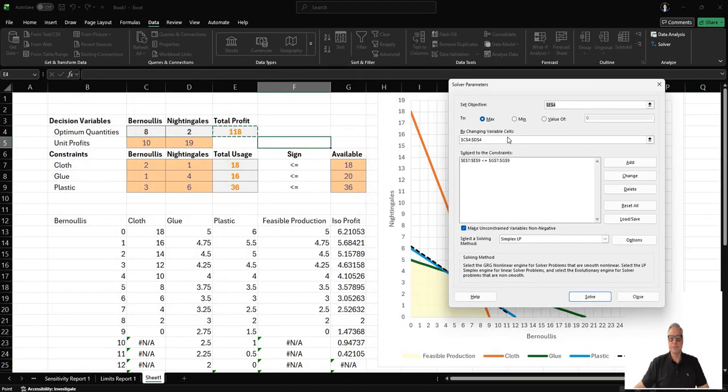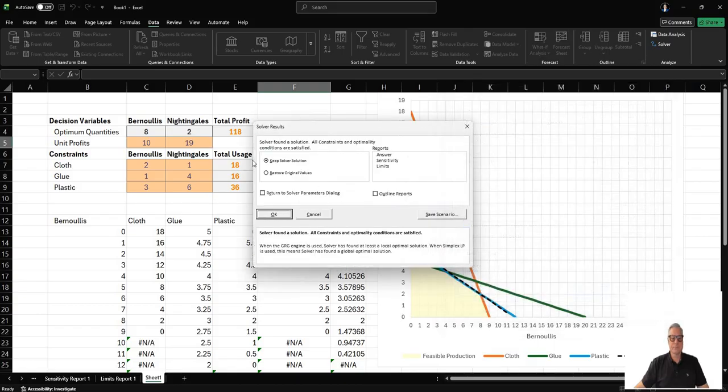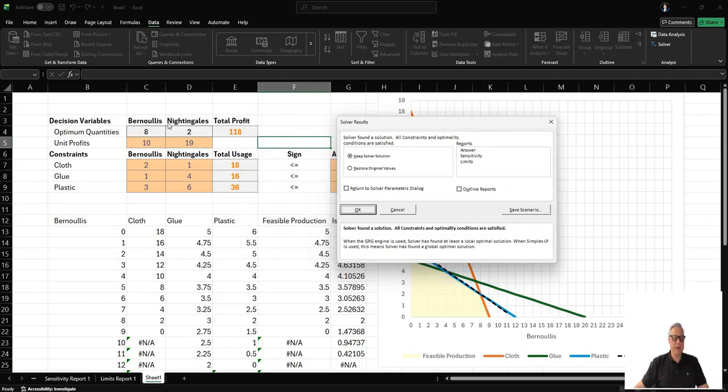Okay, it's all still the same. Solve. You see the optimum solution is still 8 and 2. Yeah, we make a higher profit, but what matters is for the allowable increase or decrease that we don't have to consider a new solution. Okay, let's cancel.